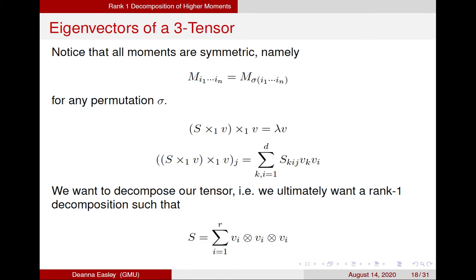So let's go with the 1-mode product. Then we can define an eigenvector of a 3 tensor as S times_1 v times_1 v equals lambda v, with the component-wise definition being shown here too. Now we want to find the rank 1 decomposition in the following form.